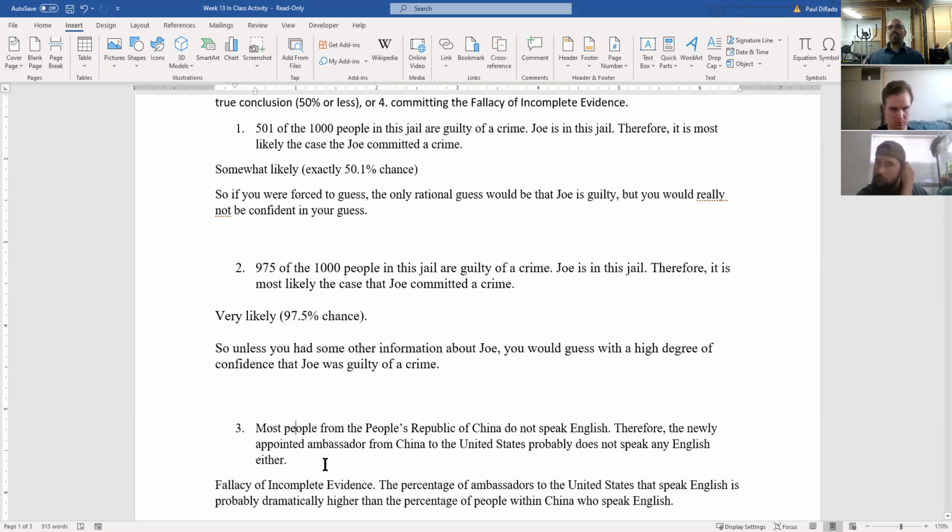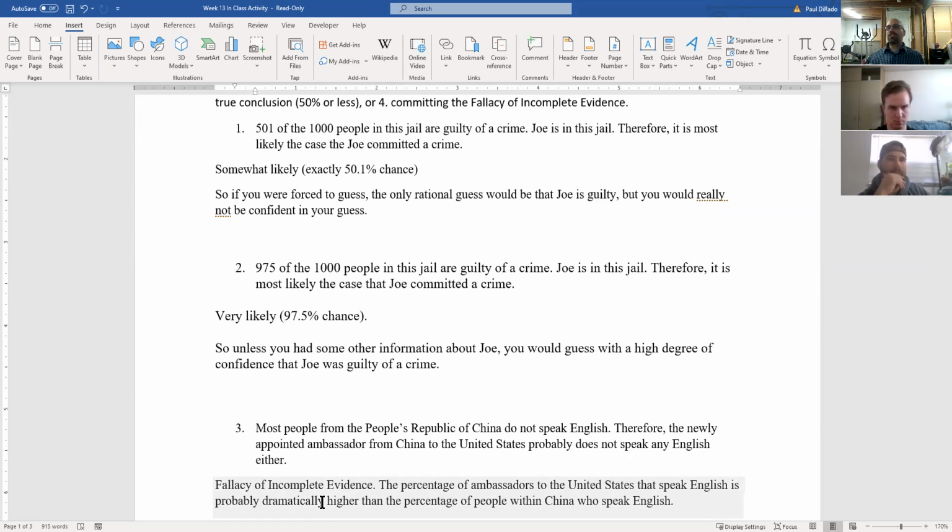And so this argument just doesn't do its math right, is the way I want to suggest you think about this fallacy. It didn't calculate the percentage right. It didn't include everything we know about the ambassador in formulating the percentage. And so as a result, the argument is just worthless. It's not that we should say, well, the conclusion probably isn't true.